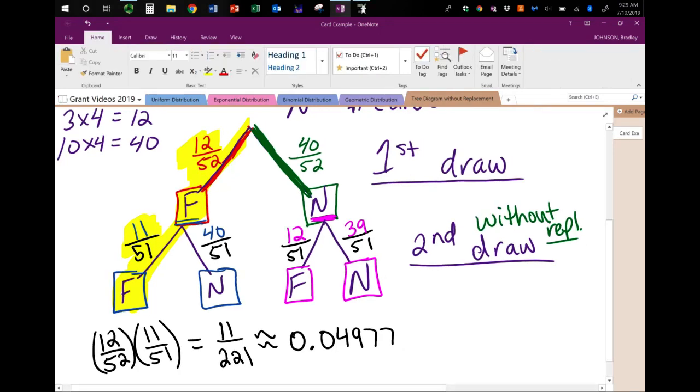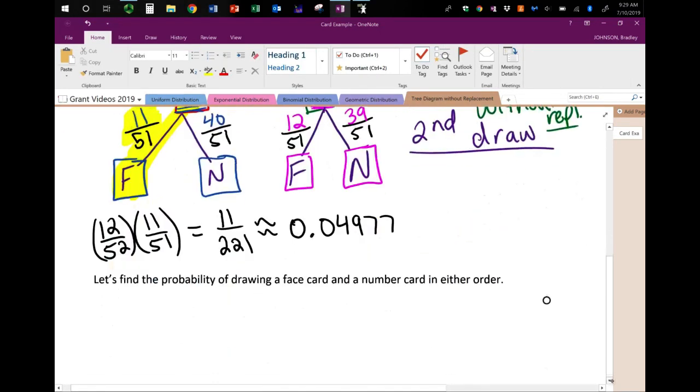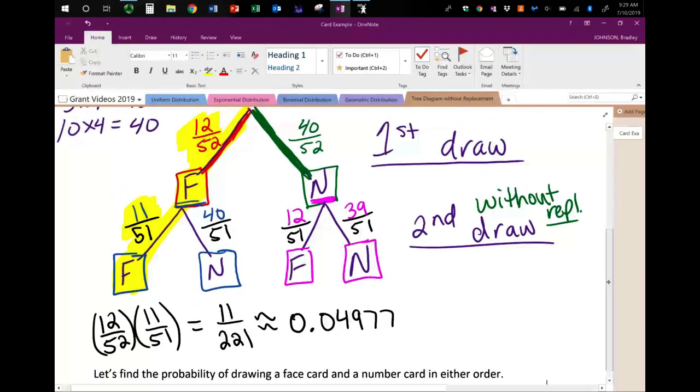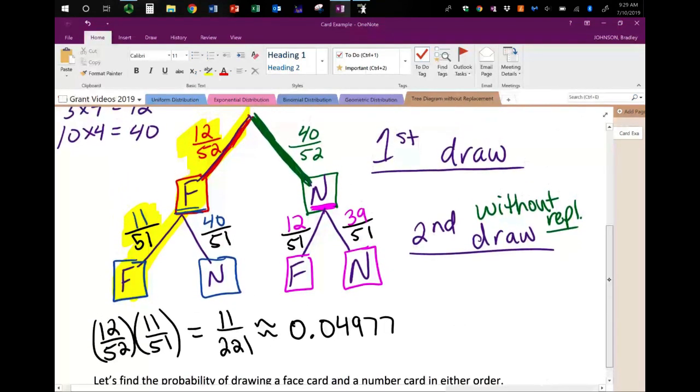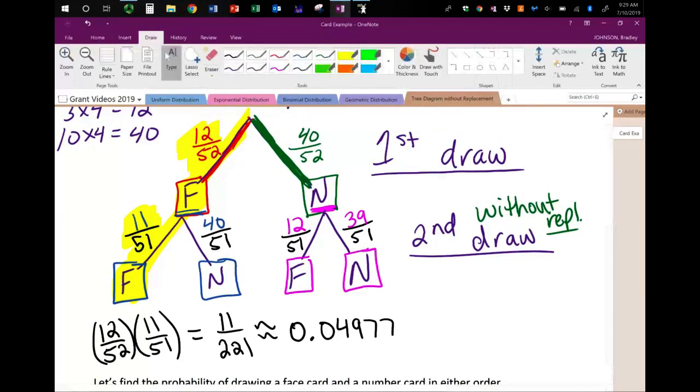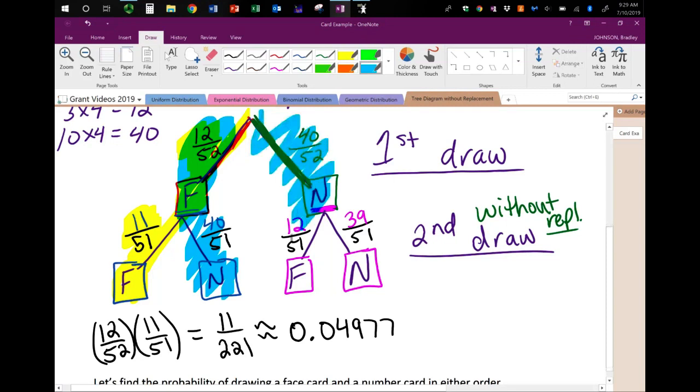So let's continue with this example by finding the probability of drawing a face card and a number card in either order. So that's those middle 2 branches I was just discussing, right? These 2 middle ones. I'll highlight them in blue. So face card to number card, or number card to face card, either order, right?